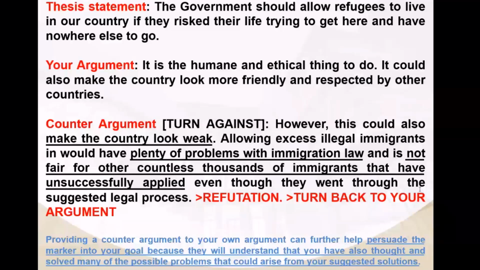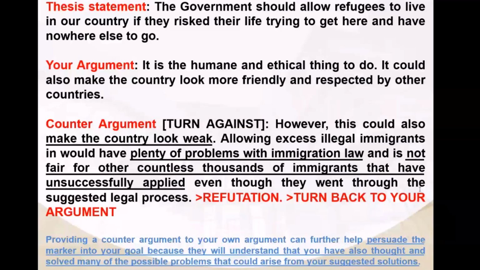All right. That is just to give you a picture of what we are expected to do when we write a counter argument or include a counter argument in our own essay. So that paragraph which we are working on is a good example of a counter argument paragraph, but it is not complete.